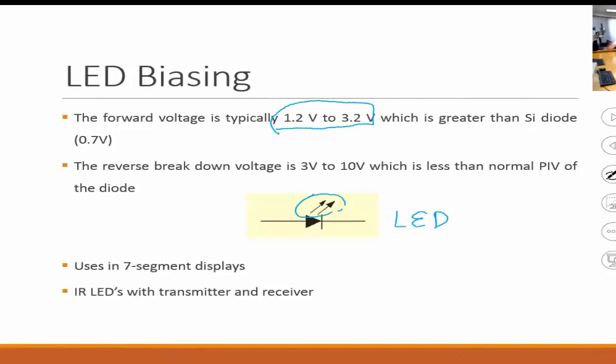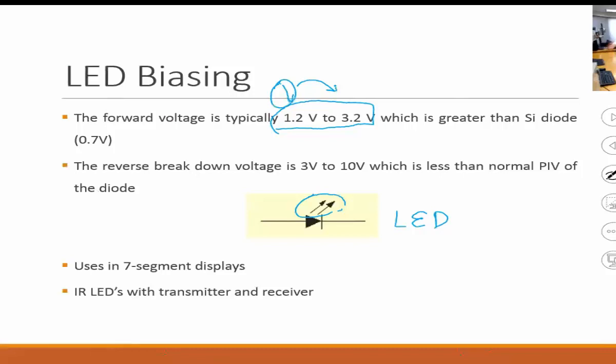Some red color LEDs may light when you are at 1.2. But if you use a green or orange color LED, you may need a little bit higher voltage. So LEDs have a forward voltage which is usually higher than the traditional 0.7 volts. You need about 3 volts to properly bias these LEDs, again depending on the color of the LED.